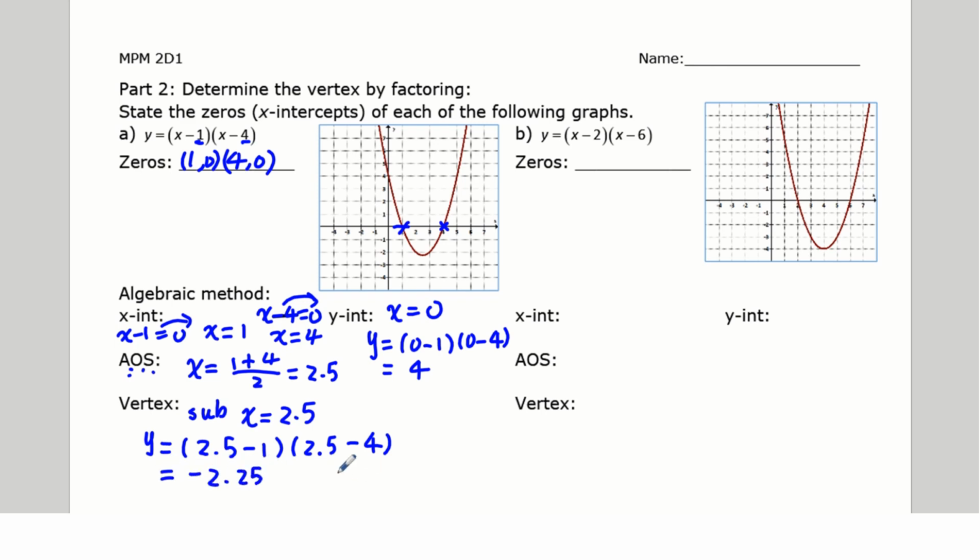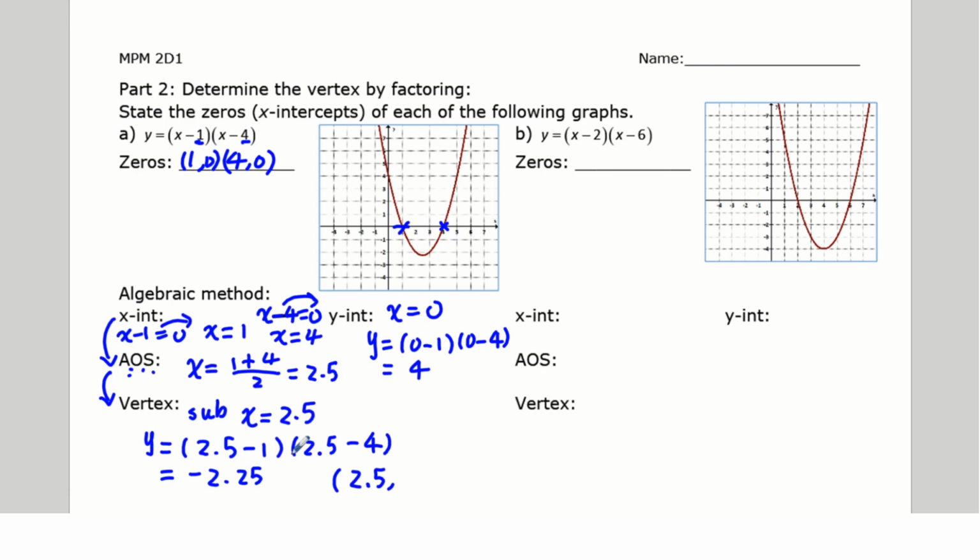So from this question, you will see from the factored form, we are able to find the x-intercept. From x-intercept, we are able to find the axis of symmetry. From axis of symmetry, we are able to find the y coordinate of vertex.